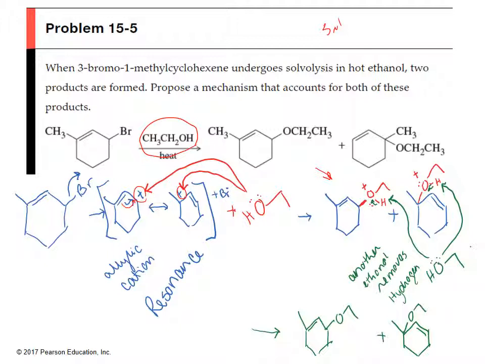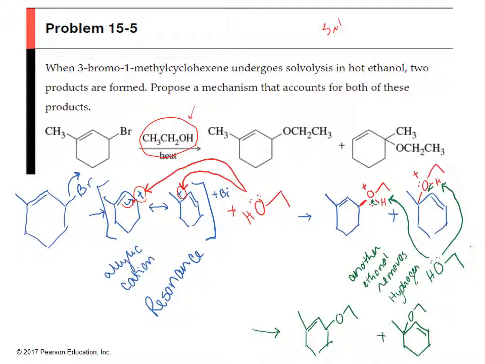Keep in mind with the SN1 reaction, if you have a neutral solvent, you're going to end up with a group here that has a positive charge because you added it to a location with the positive charge. So it still has the positive charge, but now it's on the oxygen. So I've produced 2 products, this one right here and this one right here, by adding the ethanol to the 2 places where the carbocation was located.